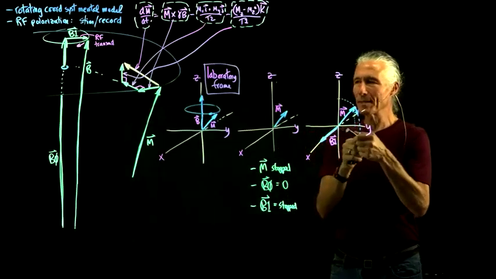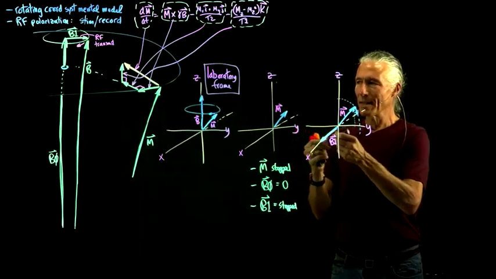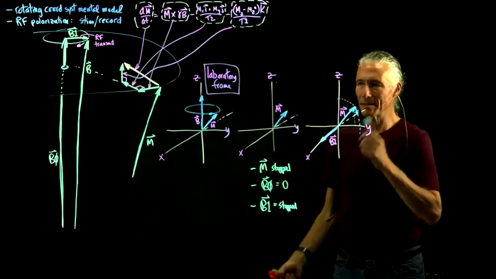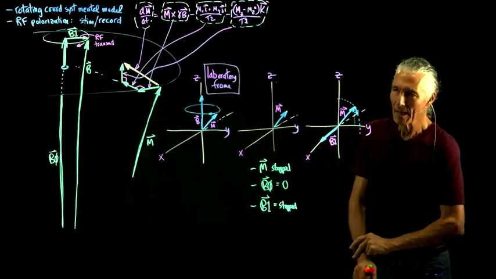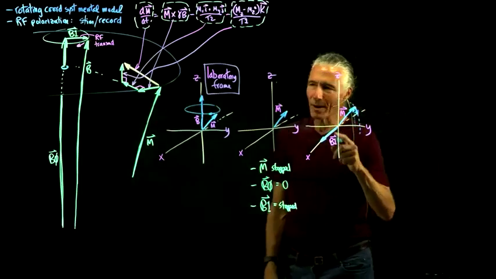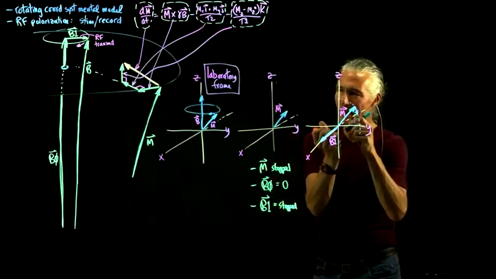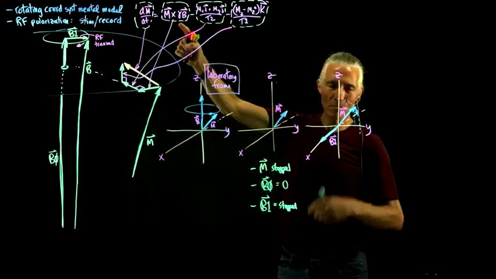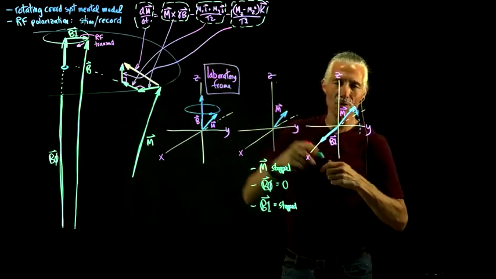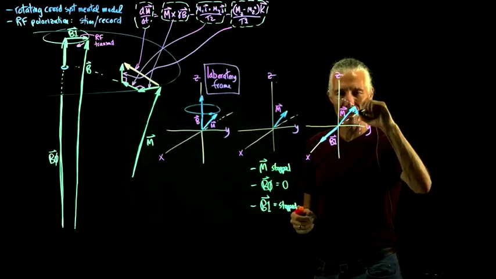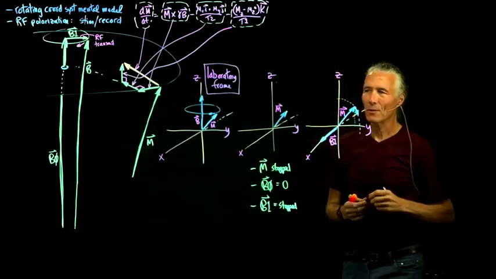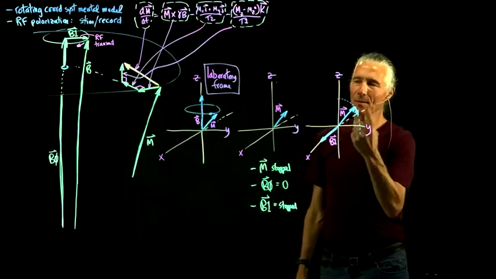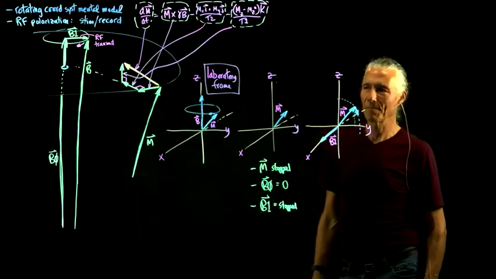So the B field could be in some arbitrary direction around this xy plane, just like the M. I just drew it on the x-axis, but it doesn't have to be there, it could be anywhere. But no matter where it is, those two vectors will define a plane, and when we take the cross product, using this equation here, we'll get the place it's going to go to next. So that equation will work no matter what the phase of the B1 is, and no matter what the phase of the M is.